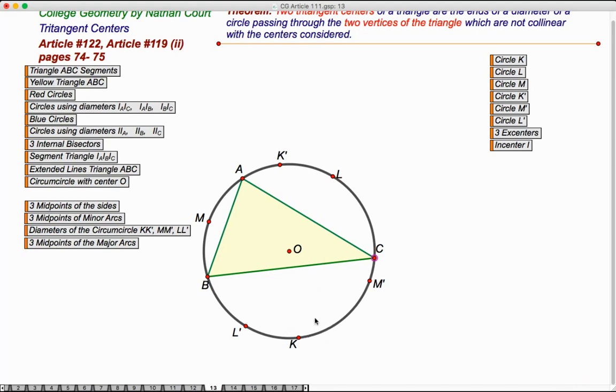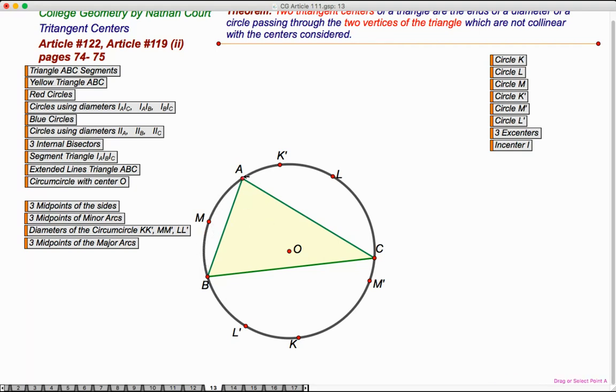The midpoint of arc BC, the other side, or if you say major arc BC, is K prime. We know that KK prime is also a diameter. Next, L is the midpoint of arc AC, and M is the midpoint of arc BC.